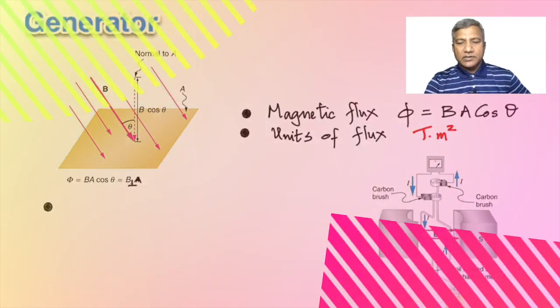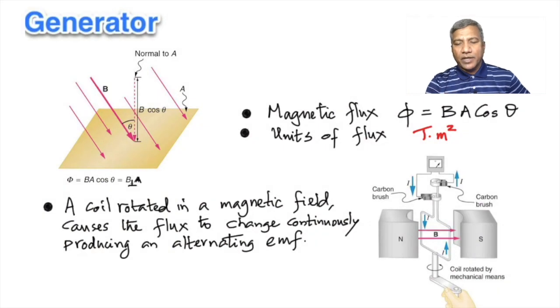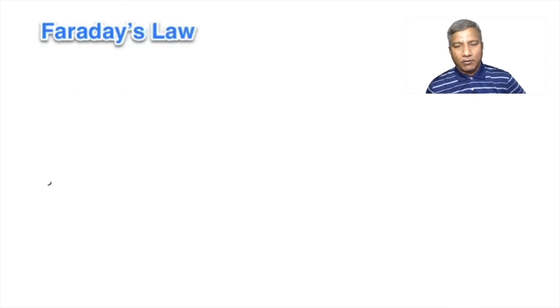So here it is, the principle of a generator. A coil rotated in a magnetic field causes the flux to change continuously, producing an alternating EMF. Right? So now let's look at Faraday's law.